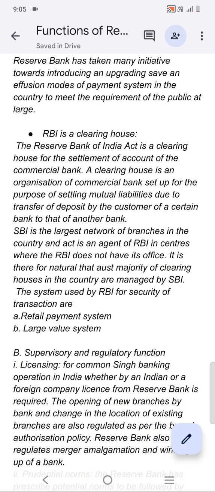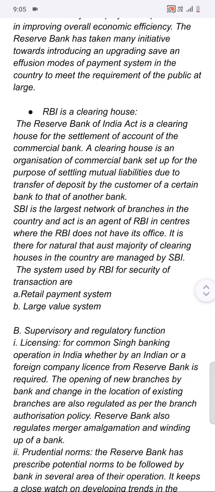SBI has the largest network of branches in the country and acts as an agent of RBI in centers or places where the RBI does not have its own office.